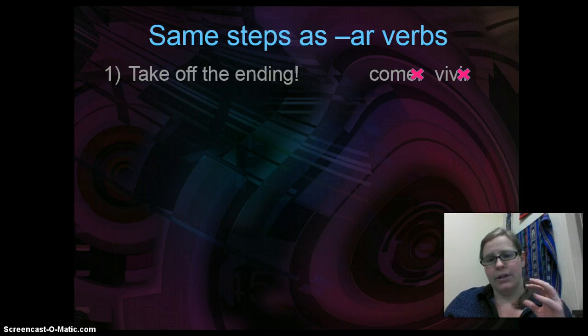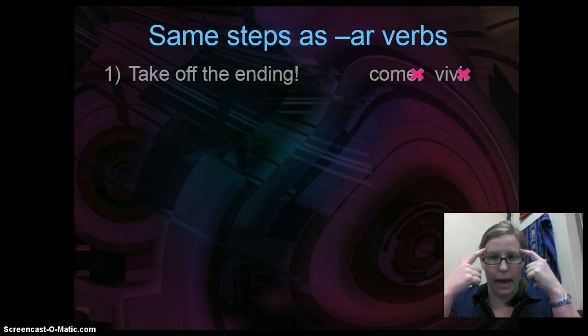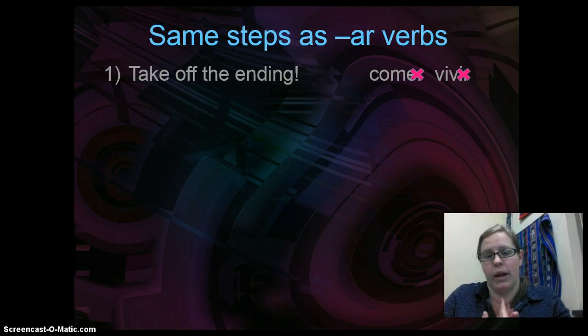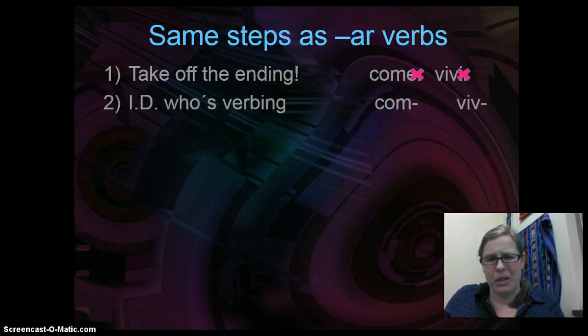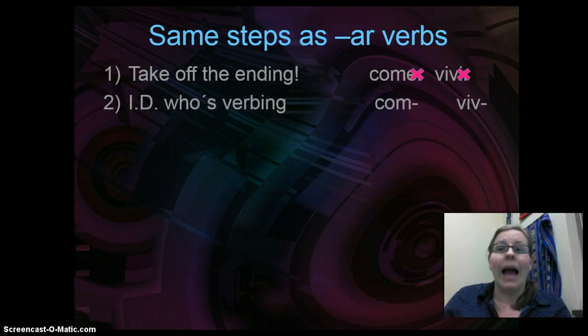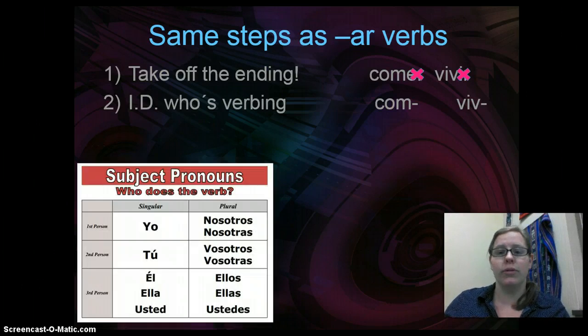The next thing I need to do, just like with our AR verbs, is identify or have clear in my head, maybe I'm the person talking or writing, who's verbing, who's performing the action. I can't very well conjugate a verb if I don't know who I'm talking about, right? So you need to make sure to identify who's verbing. How do you know who's verbing?